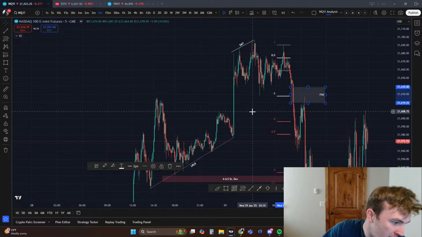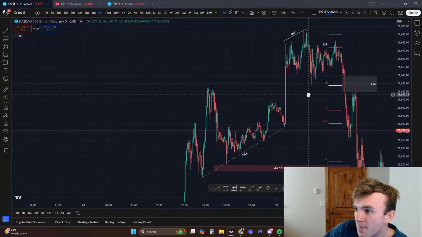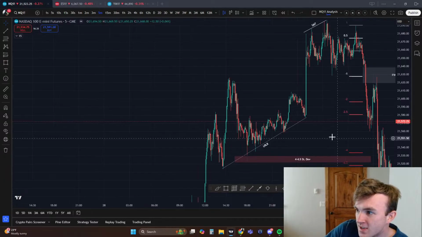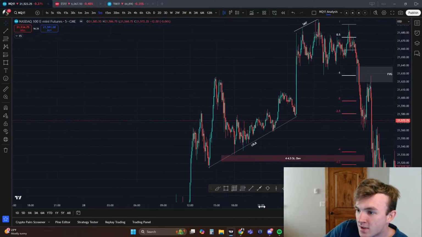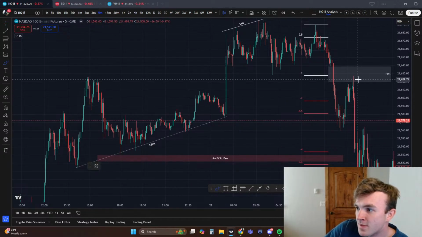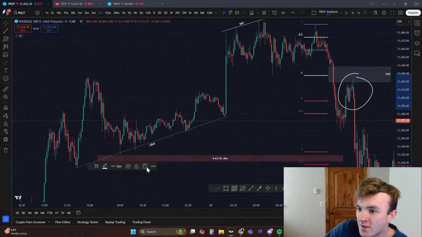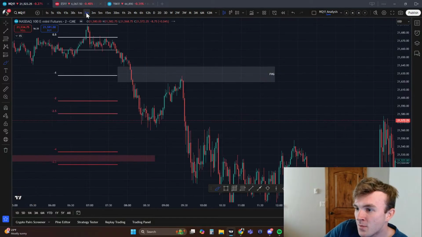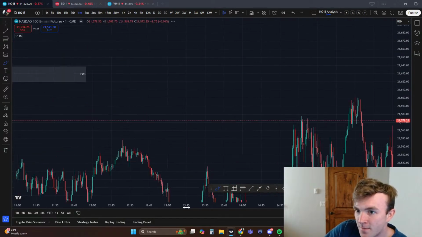That's what I wanted to see happen. So SMT, really good generated liquidity, 4 to 4.5 standard deviation. And here I should have been looking a little better for my trade. It was hard to find a trade in here, but we're going to see where I went wrong and where I could have possibly found a trade, right?